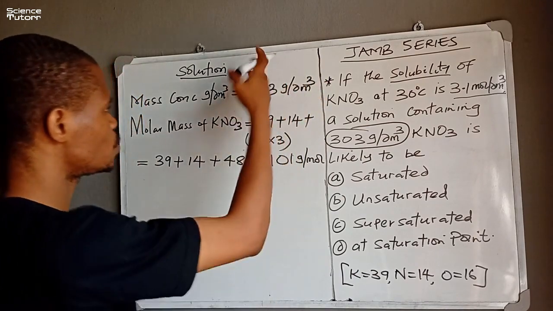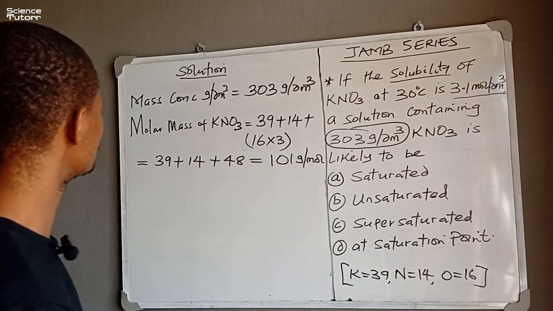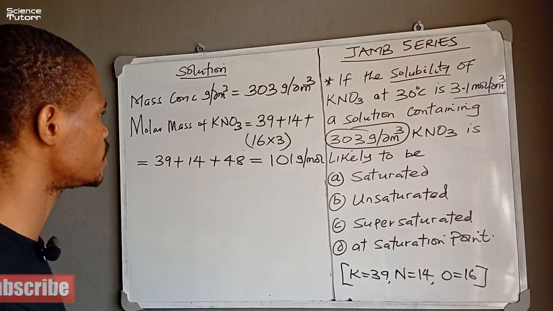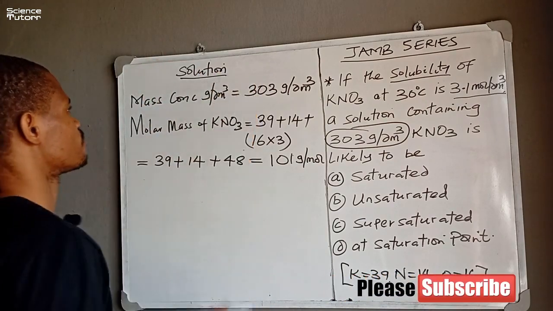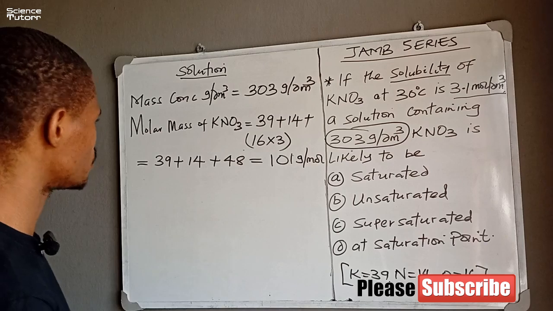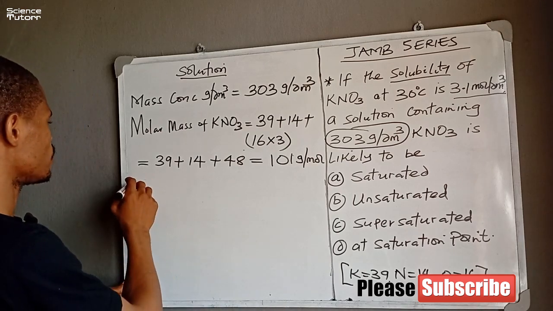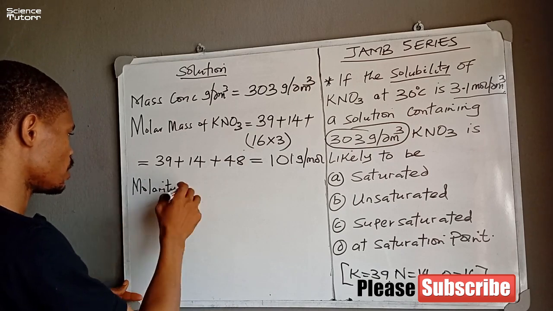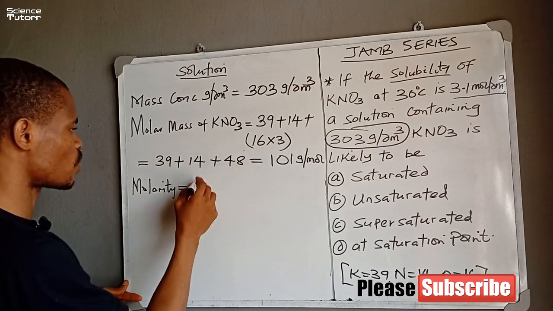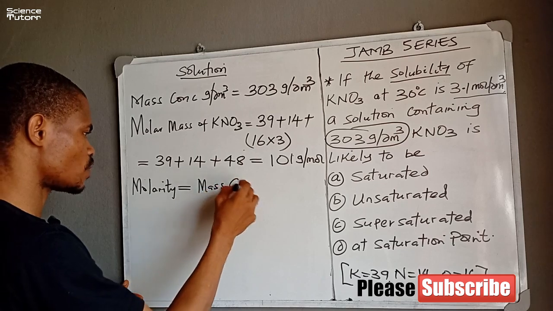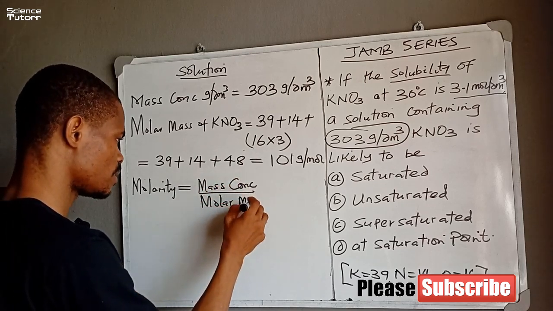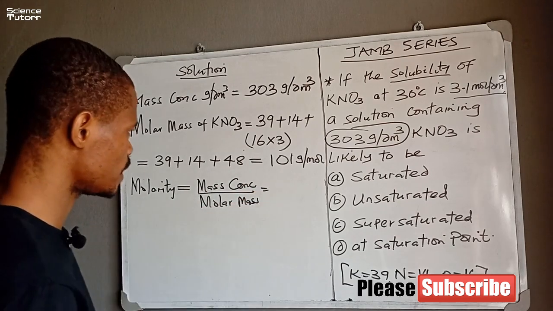So using these two, we can find the molar concentration, that's molarity, of KNO3. And how is it done? Molarity, which is the molar concentration, will simply be the mass concentration divided by the molar mass calculated.